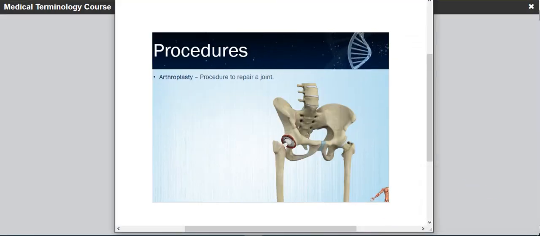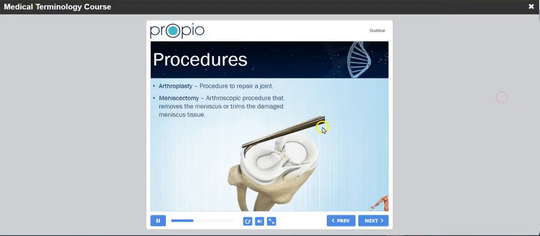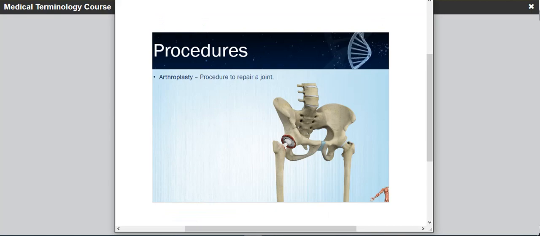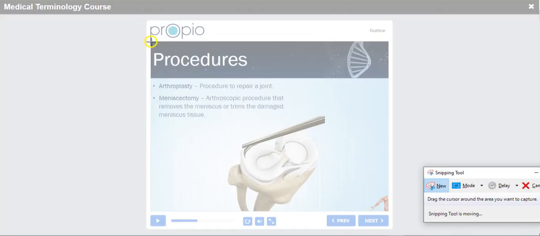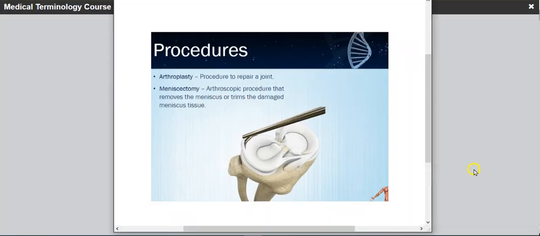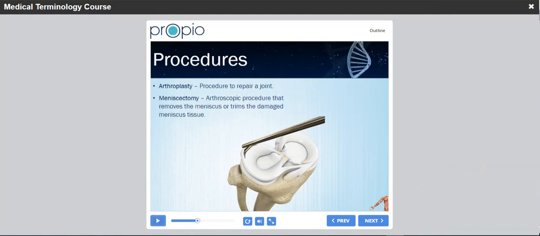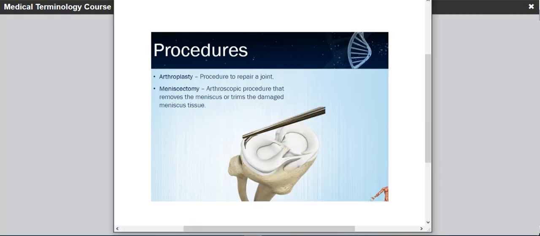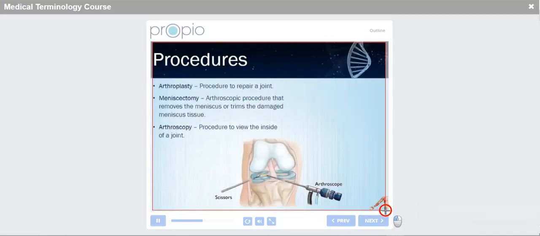Meniscectomy is the arthroscopic procedure that removes the meniscus or trims the damaged meniscus tissue. Arthroscopy is a procedure to view the inside of a joint.